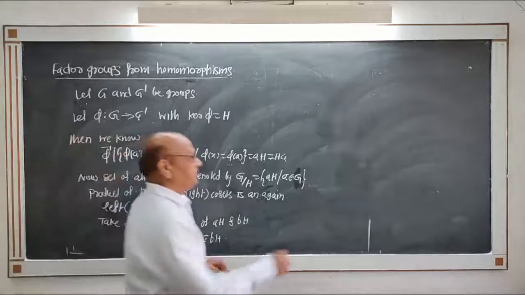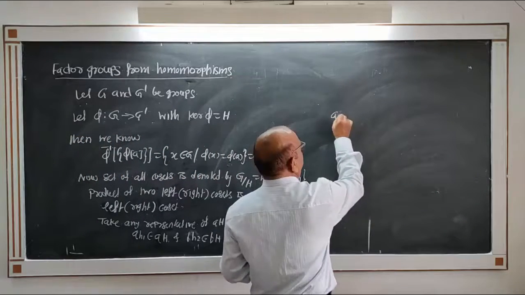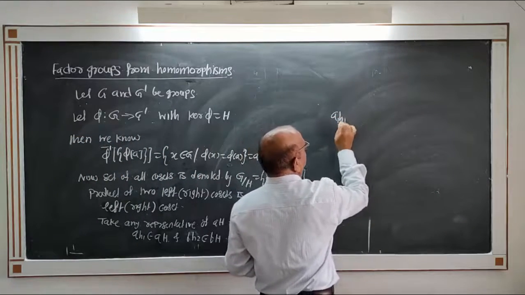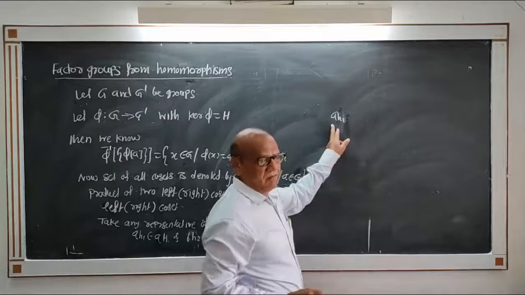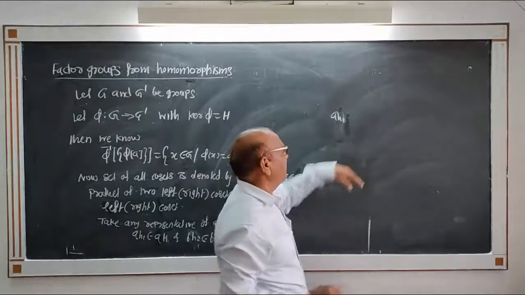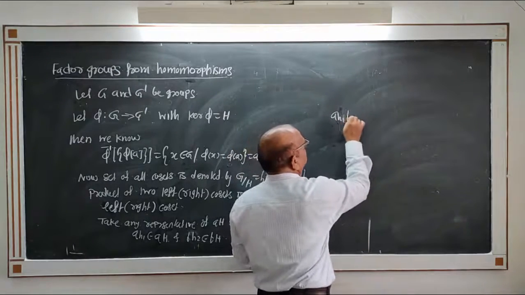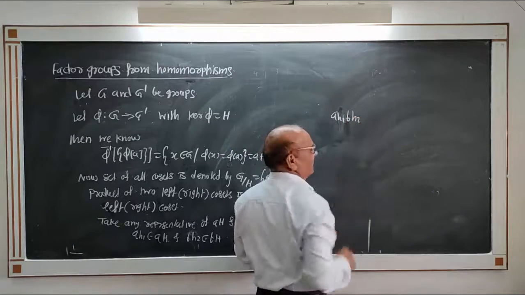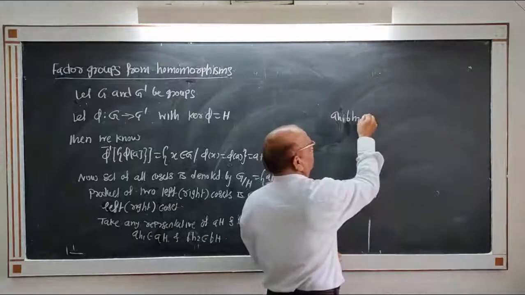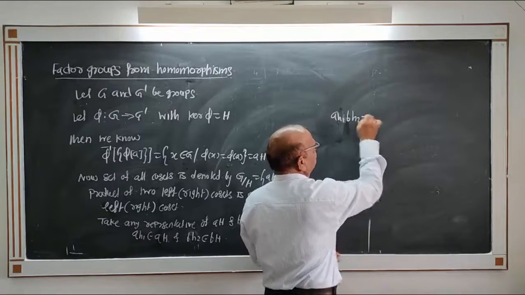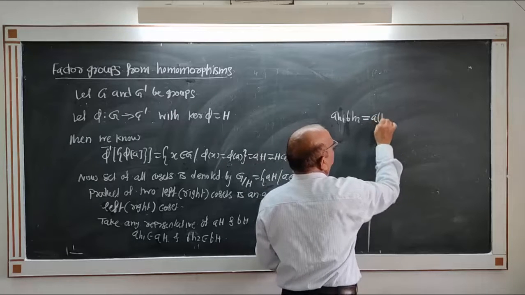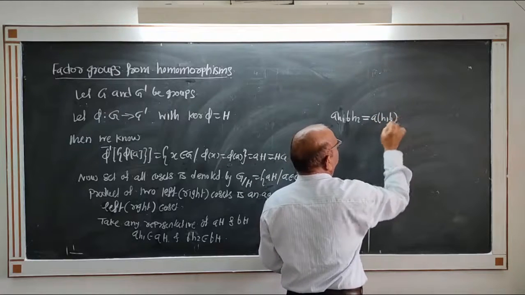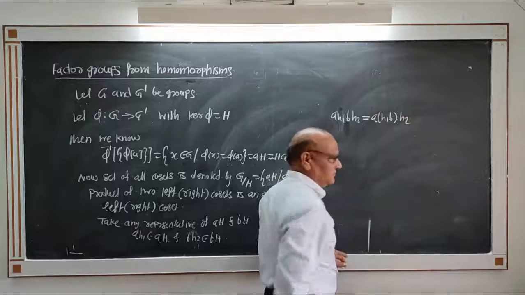Now see here, ah1 from aH and bh2 from bH, the product can be written as a, h1 b, h2 by the associative law.